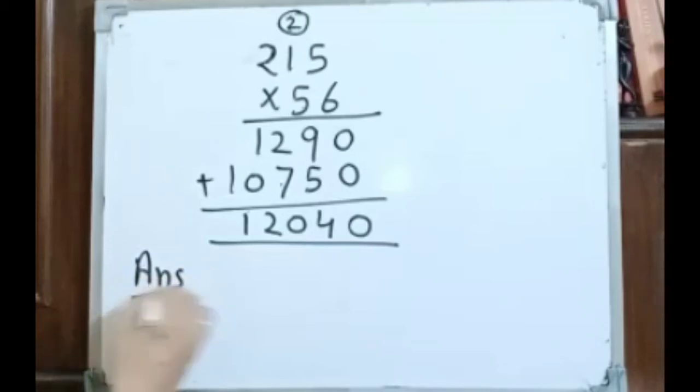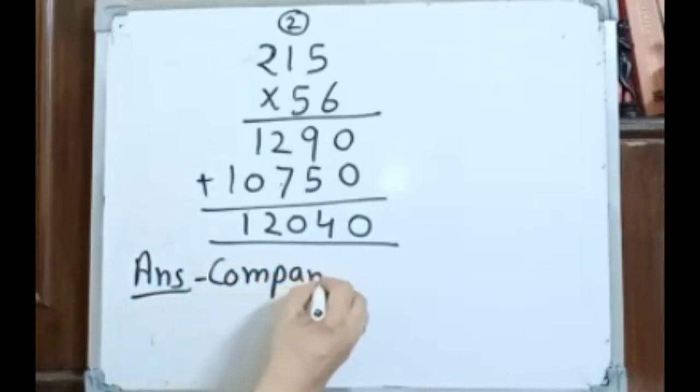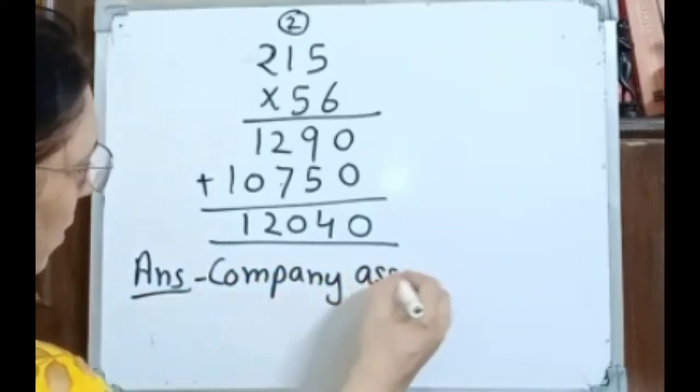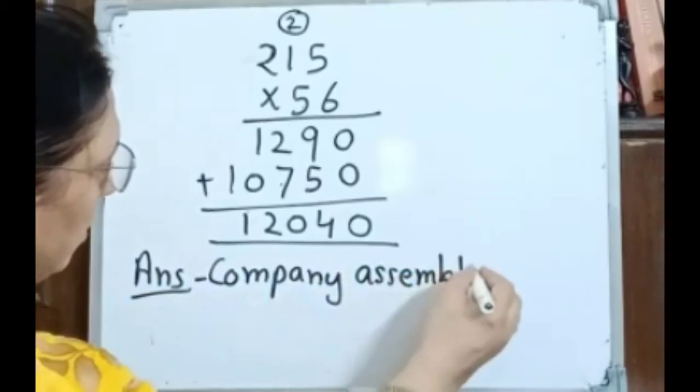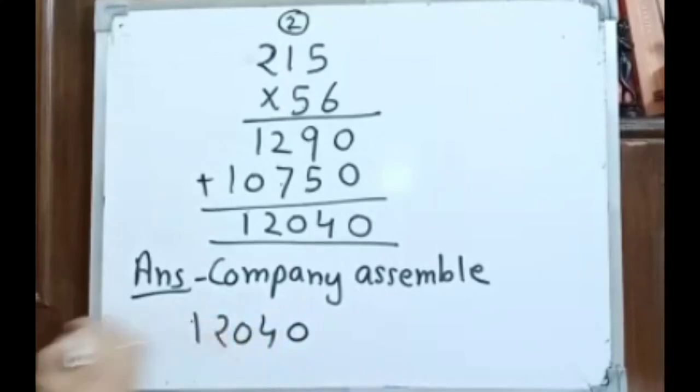What is the answer? Answer is always in the question. How many bikes can the company assemble in 56 hours? Company assembles ones, tens, hundreds, thousands, ten thousands.